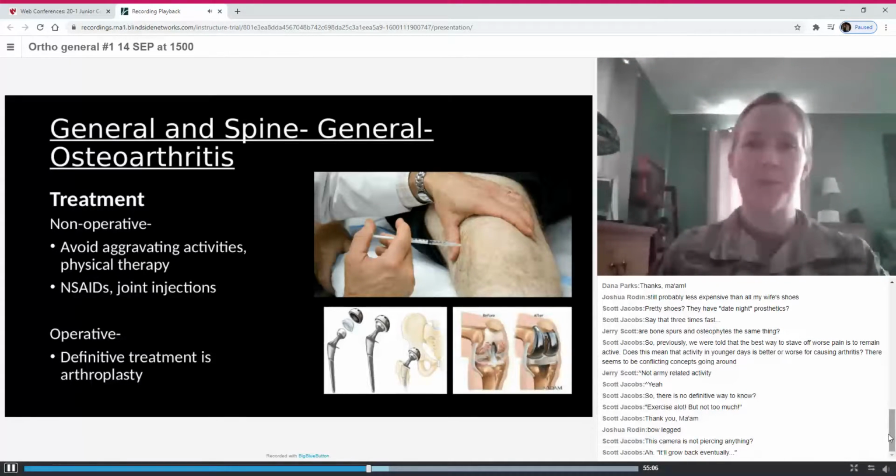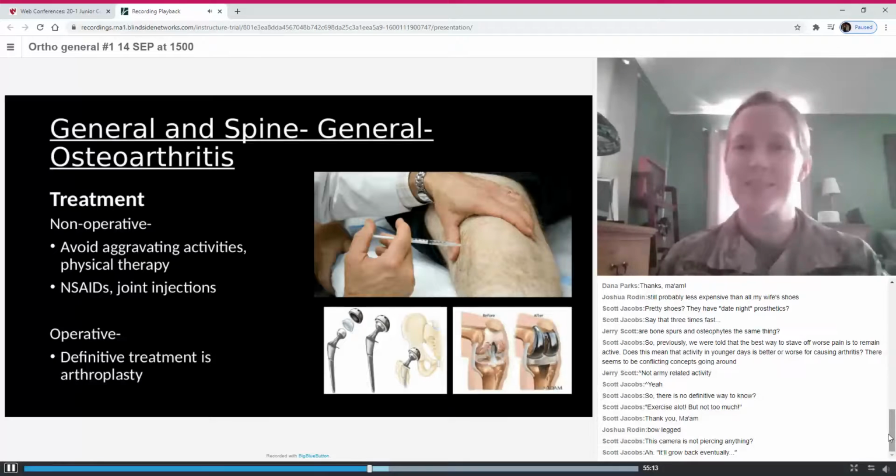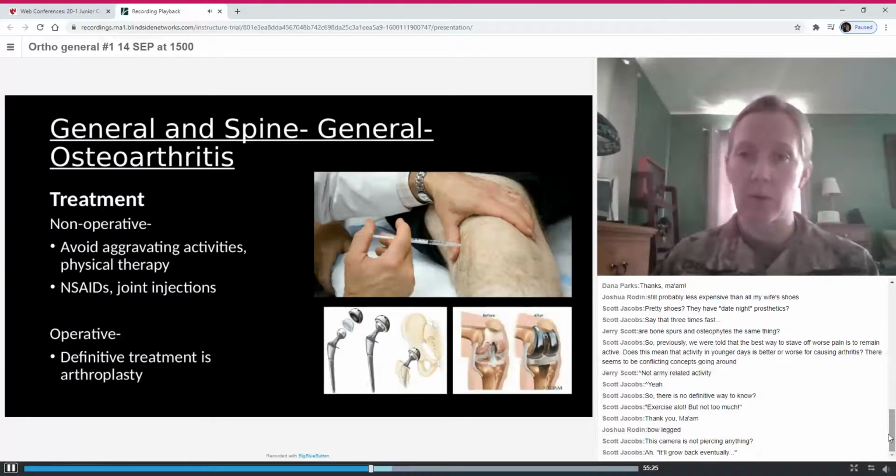Welcome back from break, everybody. Let's go ahead and talk about those 4 different joint injections. So 4 different things that we can stick into the knee to help change what's going on within that joint capsule. First thing would be an injectable steroid or corticosteroid.